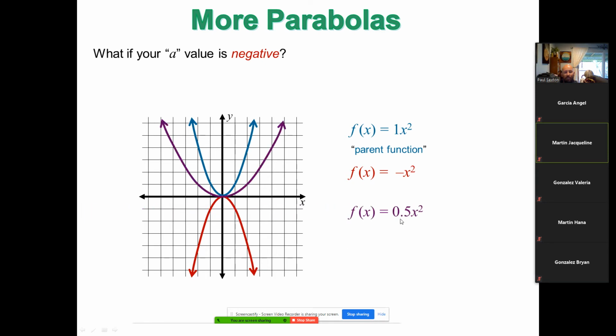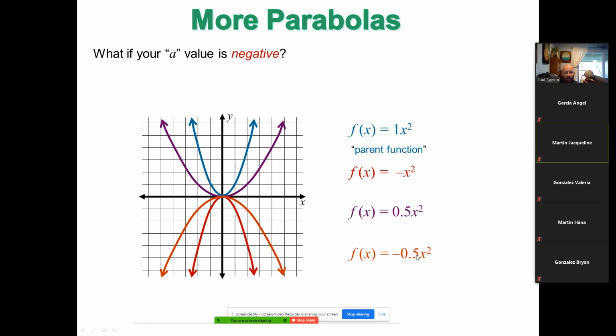Okay? So here was that graph of 0.5x squared. Remember that 0.5x squared? It was nice and wide because that number's small. So if we do negative 0.5x squared, it's going to have the exact same width, only it's going to be reflected downwards. All right, so we don't look at the sign here.